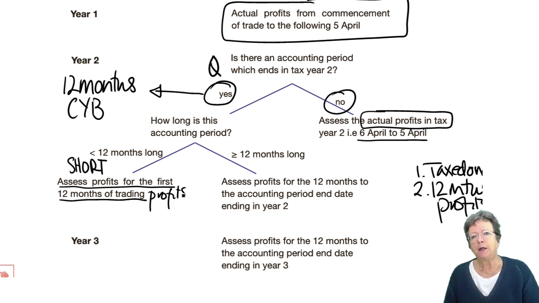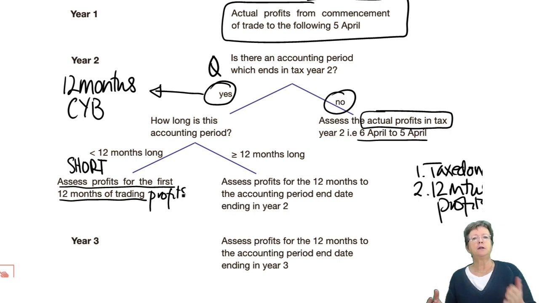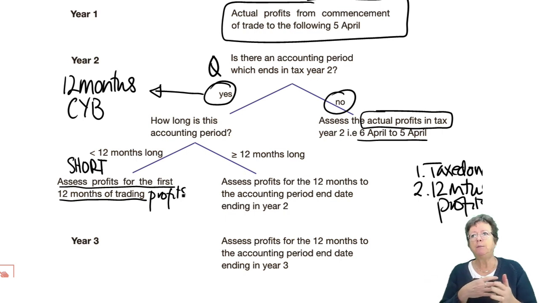Sometimes clients make the first set of accounts longer than 12 months. So, for example, we started to trade on the 1st of January. We were supposed to end 12 months later at the end of the year. It snowed. We couldn't get in to do the stock take, so we prepared accounts to the 31st of January. That's a 13-month set of accounts.